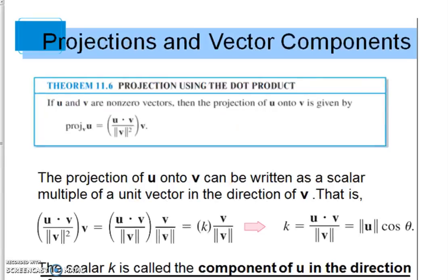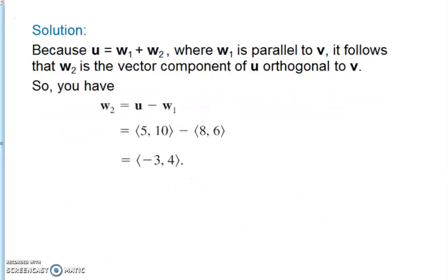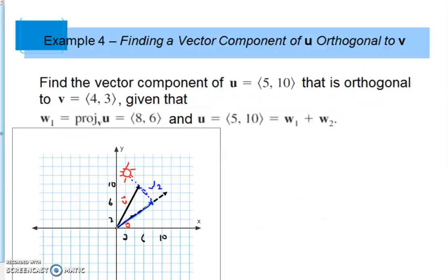So we had vector 5, 10, and that was u. V was 3, 4, I believe. Let me double check. 4, 3, excuse me.